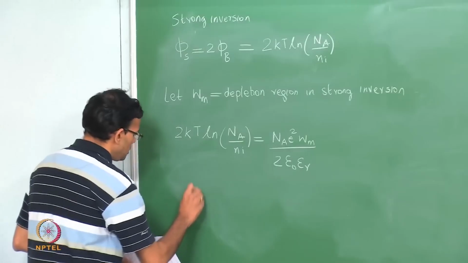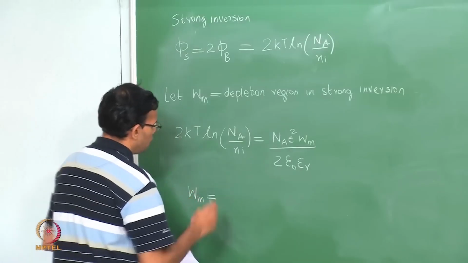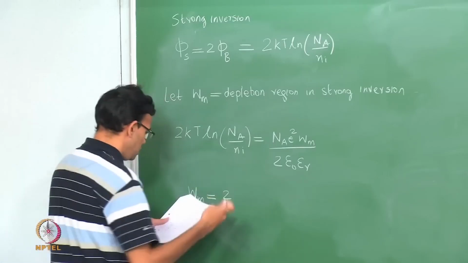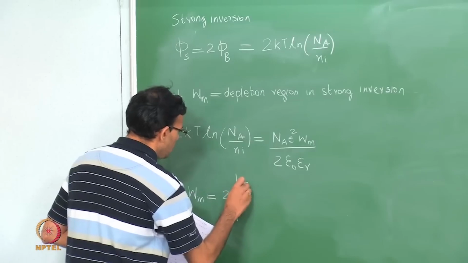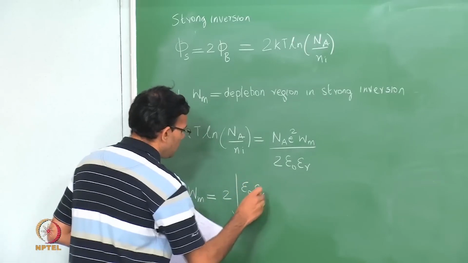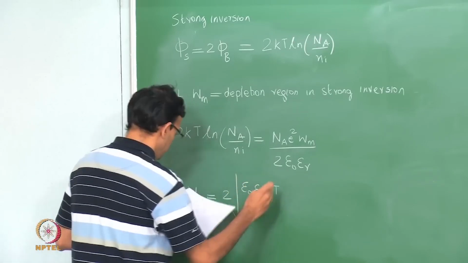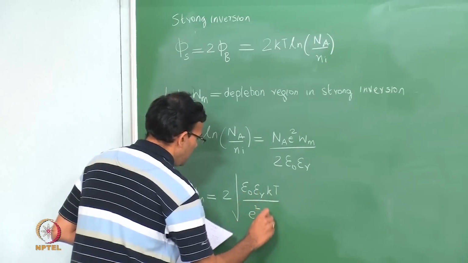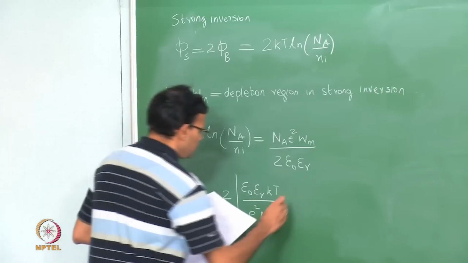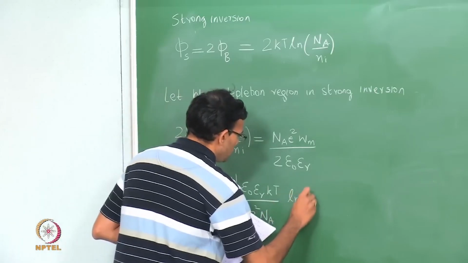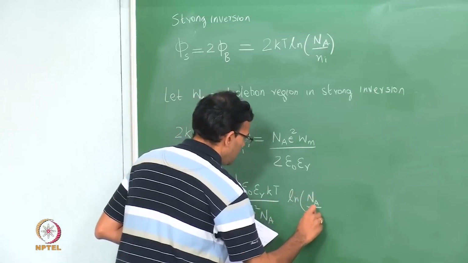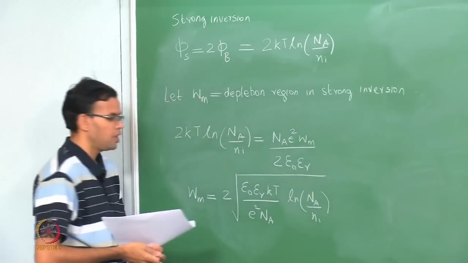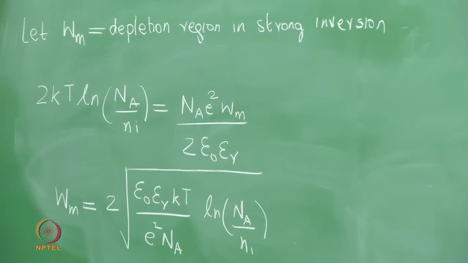Can rearrange this to get the width of the depletion region, that is just 2 square root of epsilon naught epsilon r kt over E square Na ln of Na over Ni. So, this equation gives the width of the depletion region.